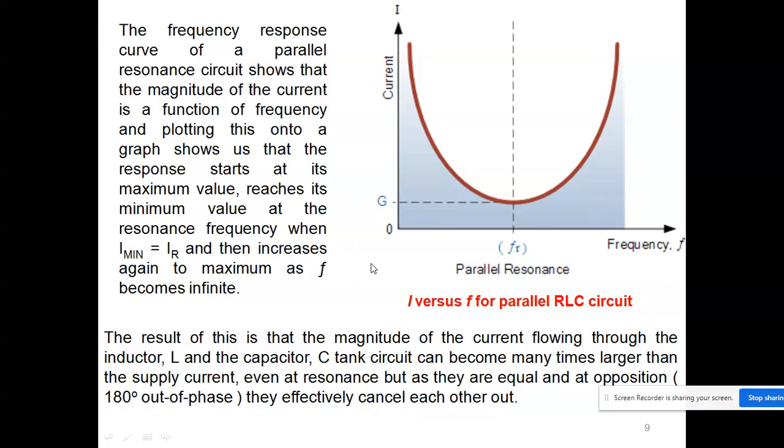So the magnitude of current flowing through the inductor and capacitor tank circuit can become many times larger than the supply current. You see, it is very large even at resonance, but as they are equal and opposite, they effectively cancel each other. So this is the effect of frequency on the current.